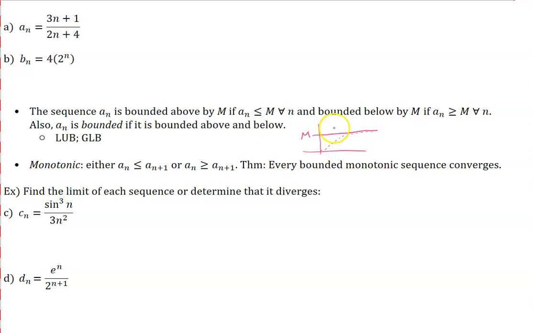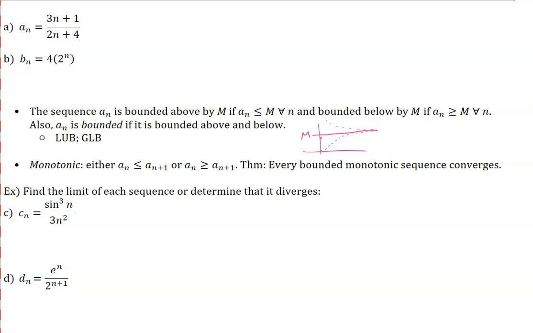And then likewise, if we had terms that were up above here, then this one would be bounded below by m. So that just means you have something that is greater than or equal to all of the values in your sequence, or less than or equal to all the values in the sequence, okay?